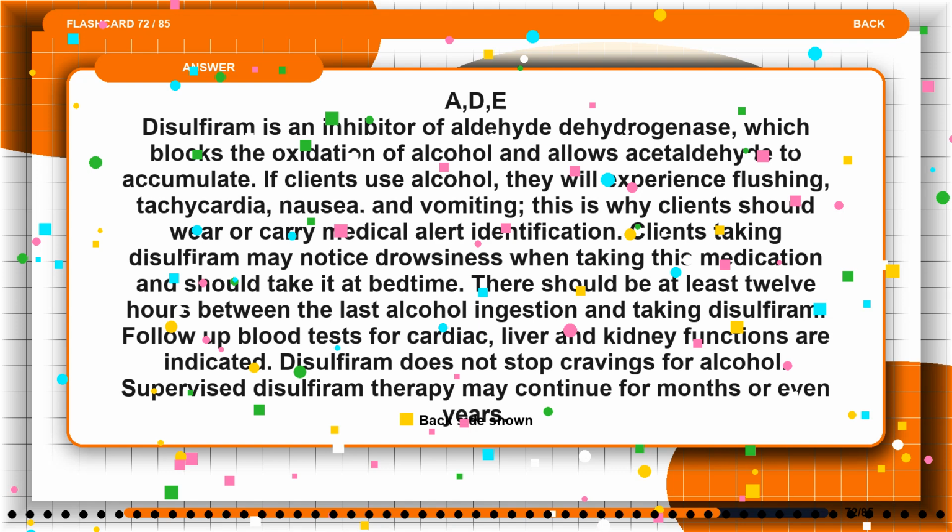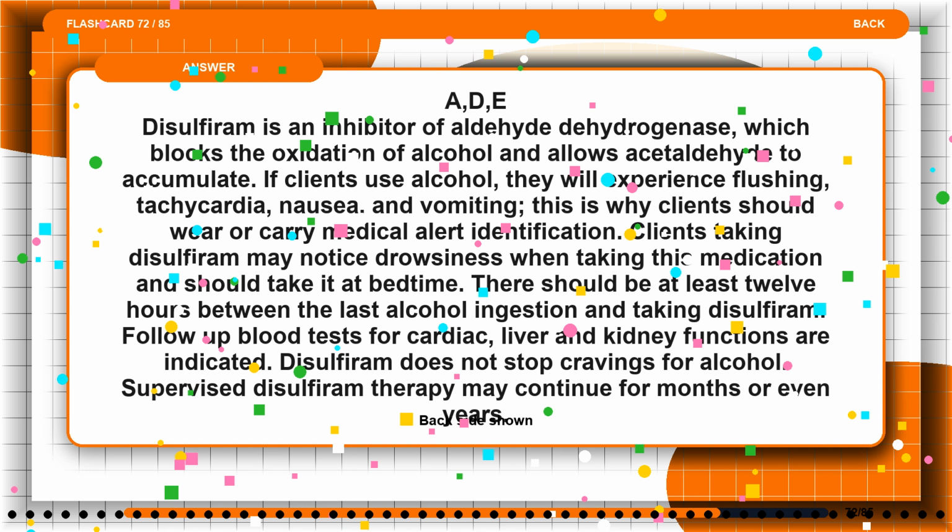The answer is A, D, E. Disulfiram is an inhibitor of aldehyde dehydrogenase, which blocks the oxidation of alcohol and allows acetaldehyde to accumulate. If clients use alcohol, they will experience flushing, tachycardia, nausea, and vomiting. This is why clients should wear or carry medical alert identification.